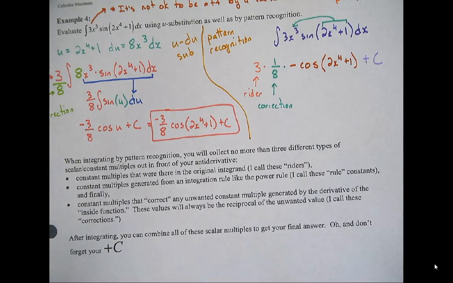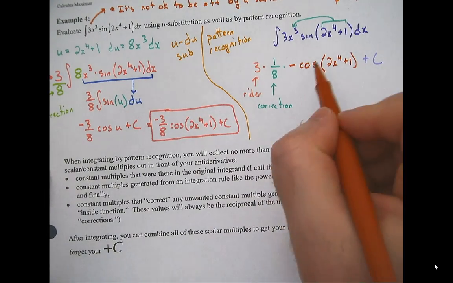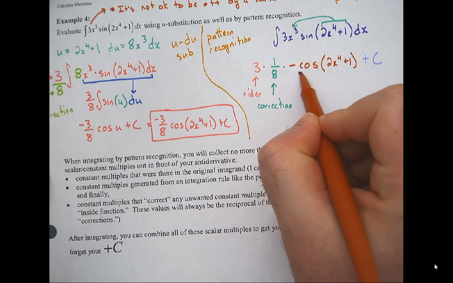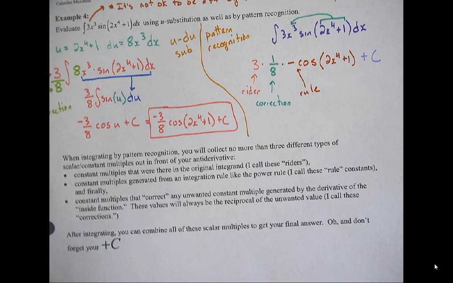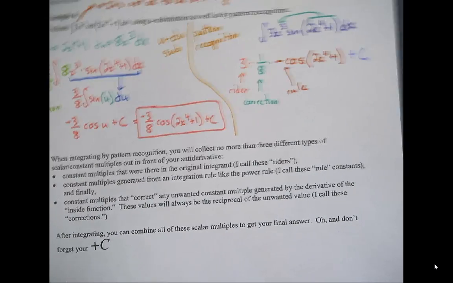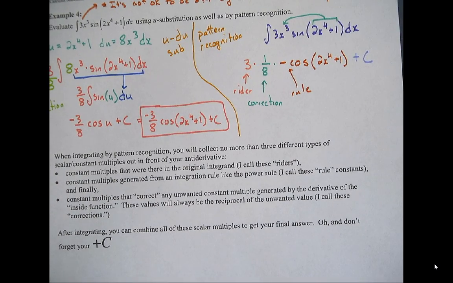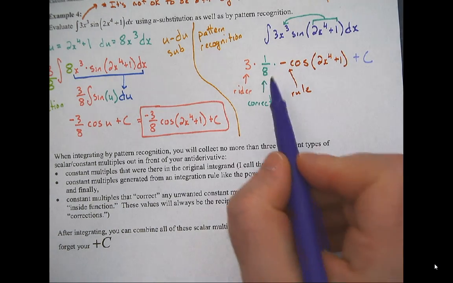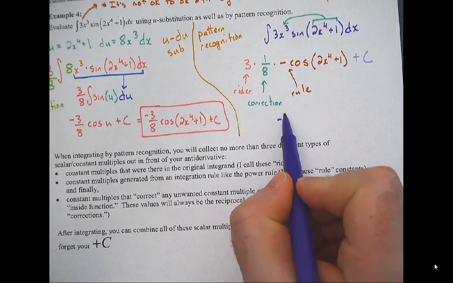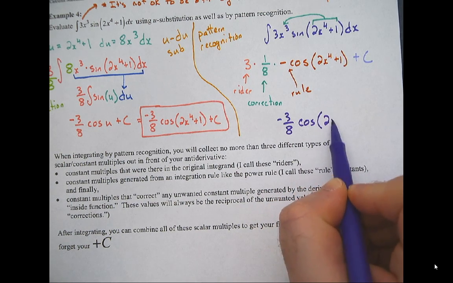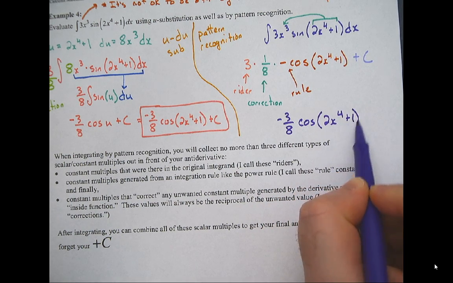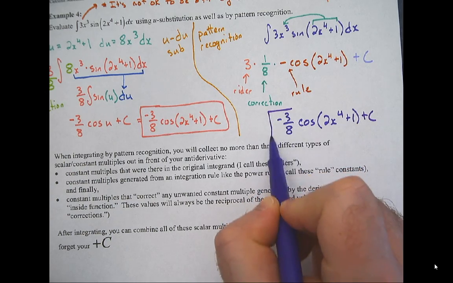Plus c. He calls this the rule, sometimes the rule constant, whatever the rule is that you're actually deriving. When we clean this up, I get my negative 3/8 cosine 2x to the fourth plus 1 plus c.